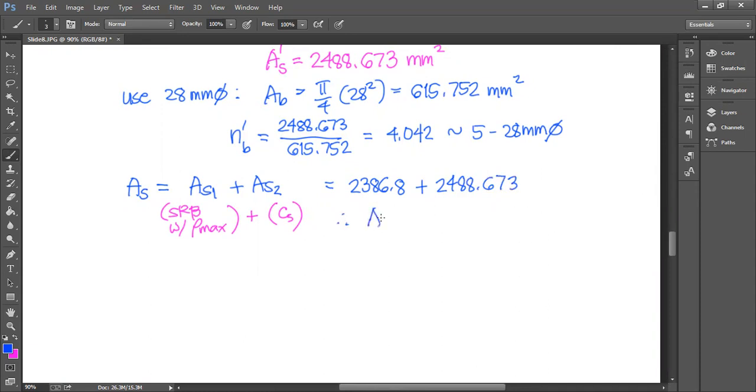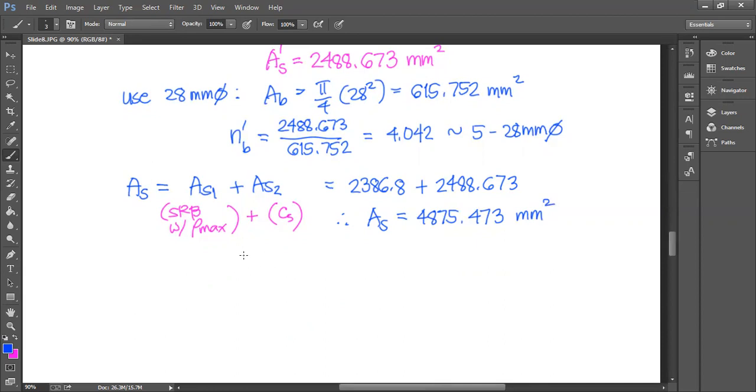Therefore, yung AS natin na total is now equal to 2386.8 plus 2488.673, or meron tayong 4875.473 square millimeters.